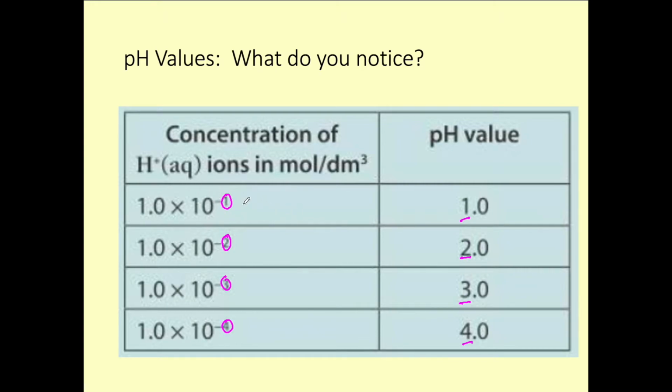So when we are doing our standard form, the minus sign tells us we're moving down a place, and 1, we're moving down 1 place, 2, we're moving down 2 places, 3 and so forth. But that also tells us how many places we end up moving along the pH scale. So 1, 2, 3 and 4.